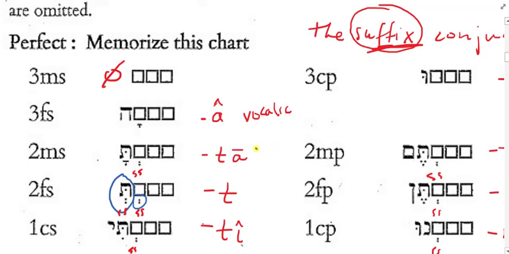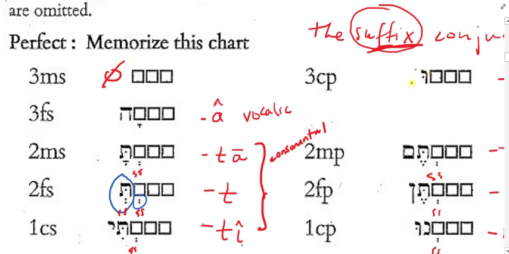And that's to be contrasted with these endings, which are consonantal. Okay? Consonantal endings start with a consonant. So the vowel a is vocalic. It's a vocalic personal ending. Ta, t, and t start with consonants. They are consonantal endings.